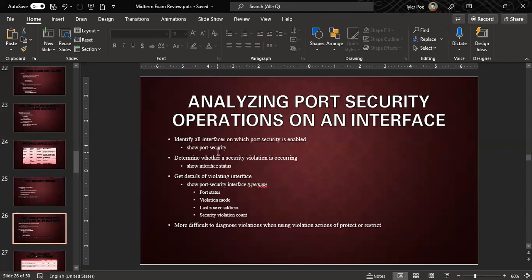When you're trying to look for interfaces where port security is enabled, you use show port-security. When you want to determine whether a security violation is occurring, you use the show interface status command.